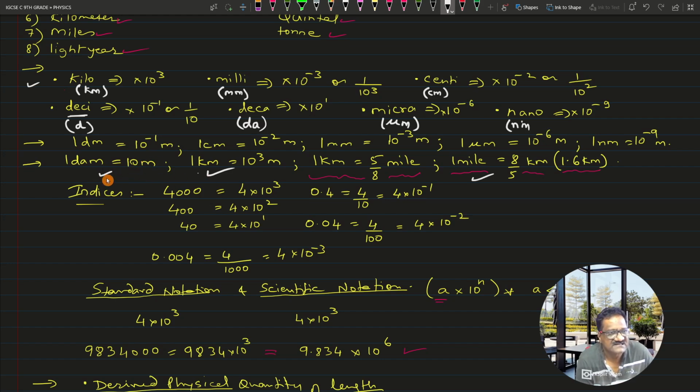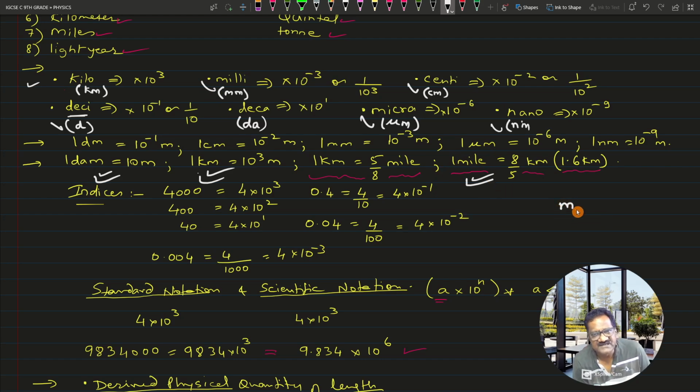So these three units, kilometer, decameter, and mile, are bigger than meter. And decimeter, millimeter, micrometer, nanometer, and centimeter are all smaller units than meter. So try to understand.